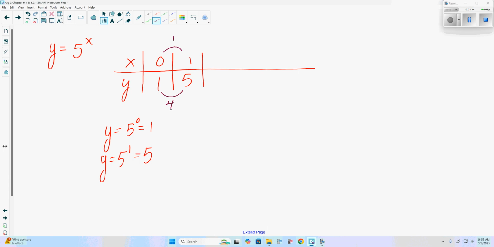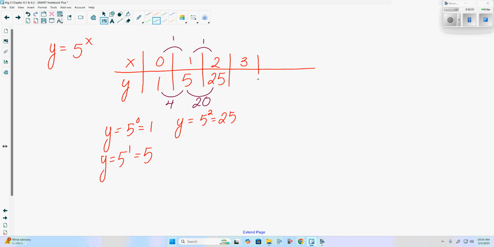The y value is increased by 4. Let's say when x is 2. So we're looking at y is equal to 5 squared. Well, 5 squared, 5 times 5, is 25. So again, the x value is still increased by 1, but the y value is increased by 20.